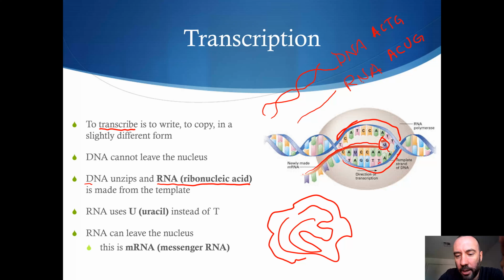So if you compare these RNA bases here to the DNA bases, you'll find that everything is the same except that where there would be a T in DNA, there would be a U in RNA. So C, A, T, C, C, A, T, T becomes C, A, U, C, C, A, U, and so on, okay?